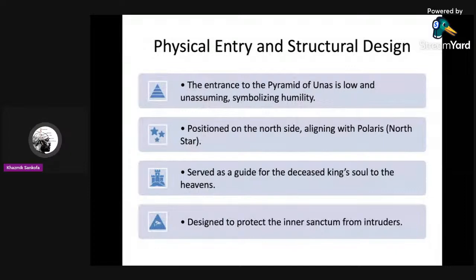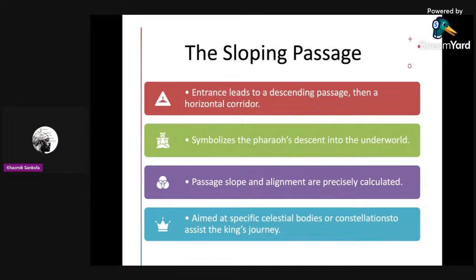So, like I was saying before, the entrance of the pyramid of Unas is low, what you saw, right? And they say it served as a guide for the deceased king's soul, and it was designed to protect the inner sanctum from intruders. This is what they're saying. We could also interpret it as the mind, the subconscious going into the inner recesses of self, right?